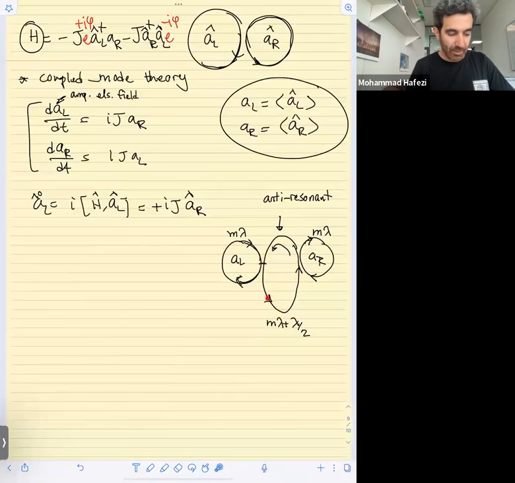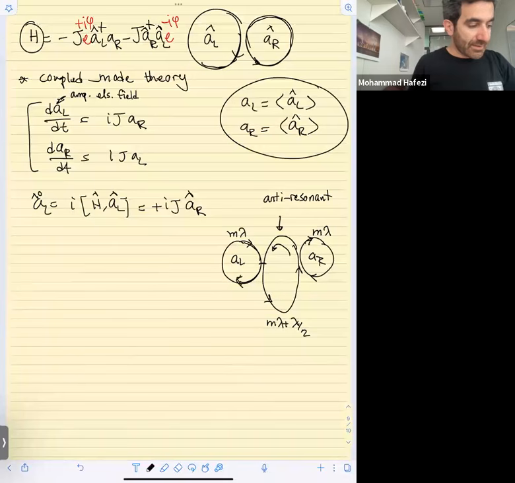If the optical paths are different, then I accumulate a different phase when I go from left to right. And that basically gives me the phase that I'm looking for.